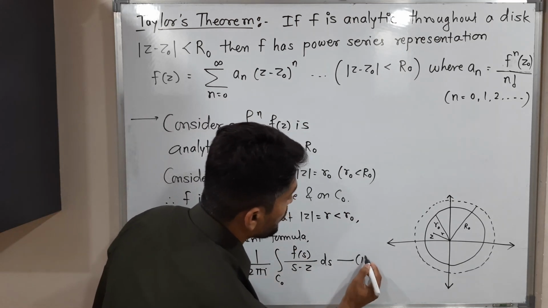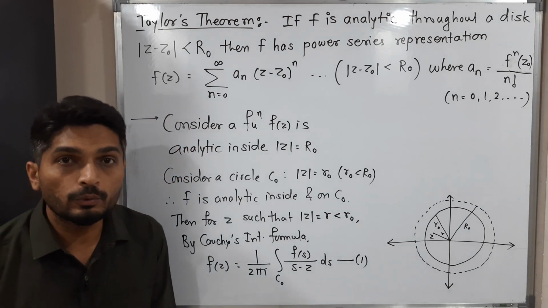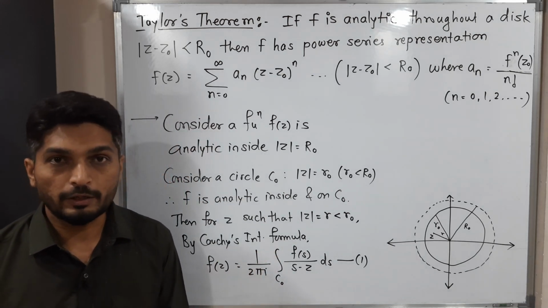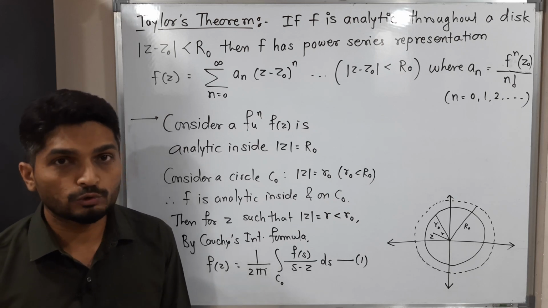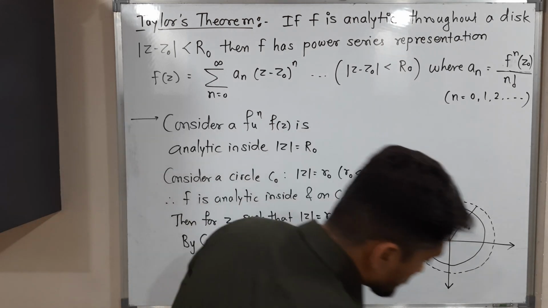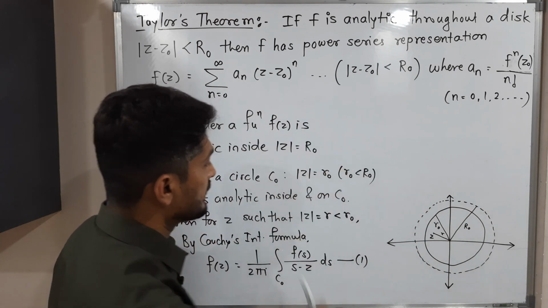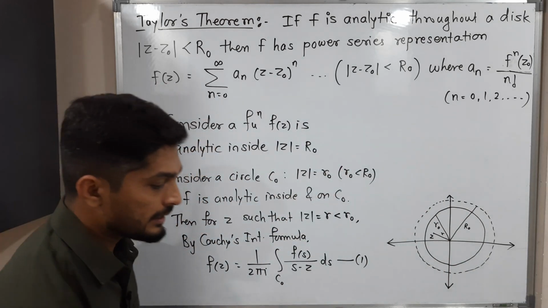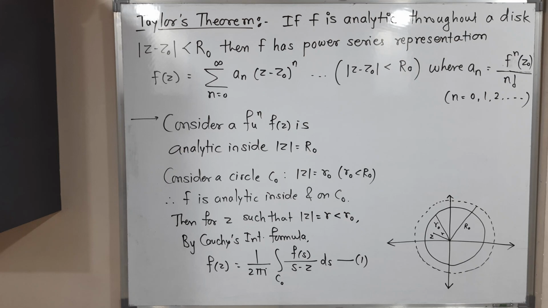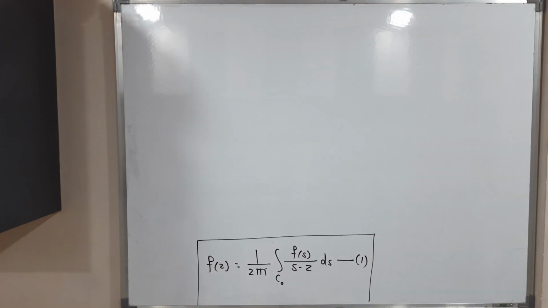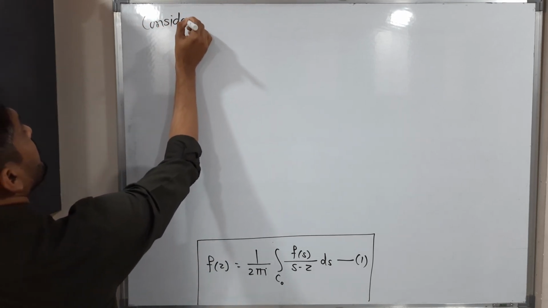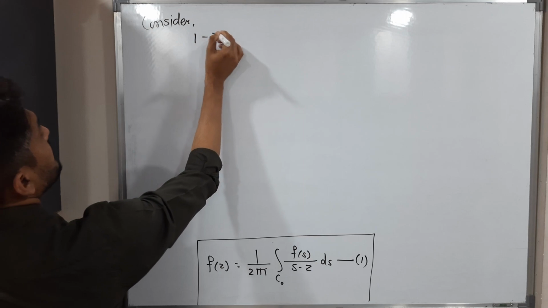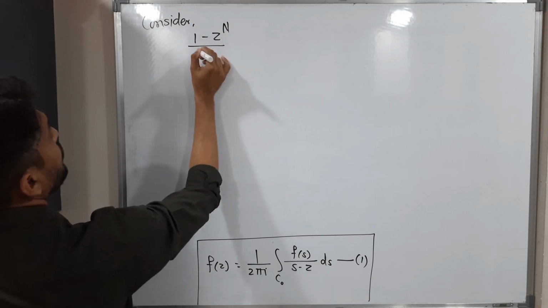Now we are going to solve this integration. Getting? We are going to solve the integration, but before that we need to do some calculations. So I am going to do that. We have some space, let us use it, but that space is not enough, so make a screenshot of it, then we will go further. Now let us consider 1 minus z raised to n upon 1 minus z.